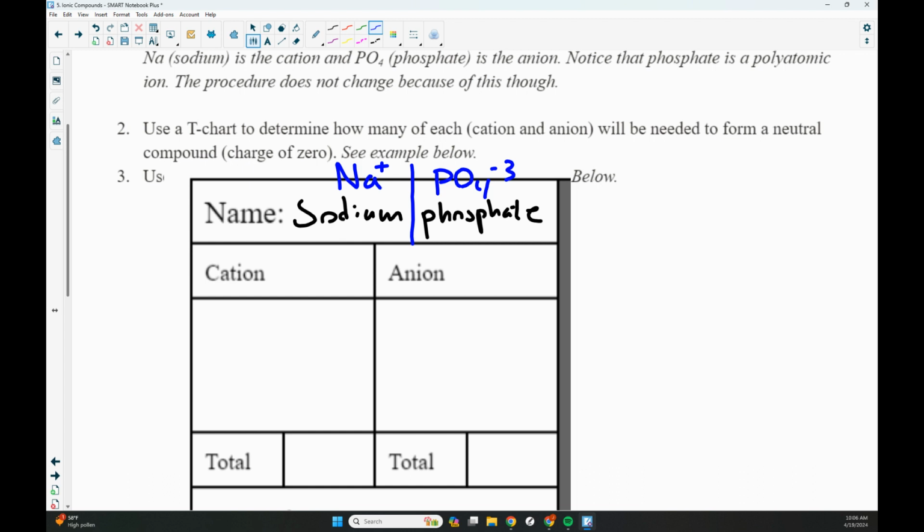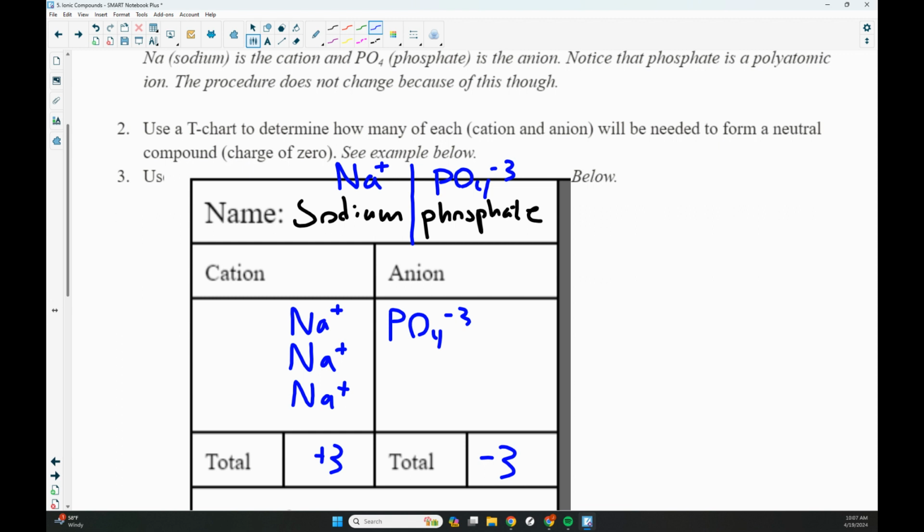So we're going to fill out a T chart just like we did with the monatomic ions. Sodium has a +1 charge, as we said. Phosphate has a -3 charge. So they do not neutralize each other currently. And hopefully it's obvious to you the solution here. We're going to need to add a couple more sodium ions to balance out the -3 charge of the phosphate.